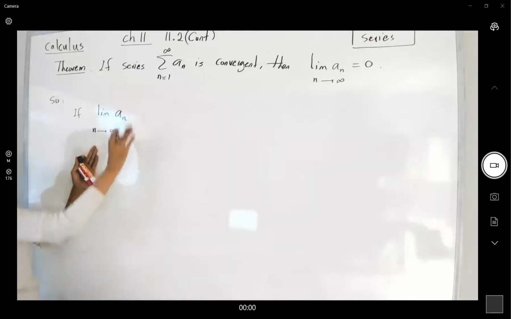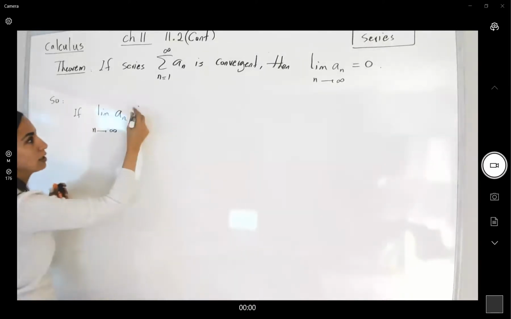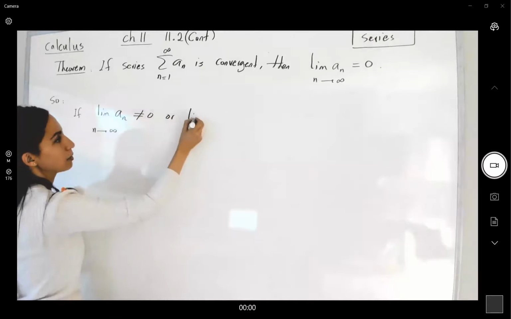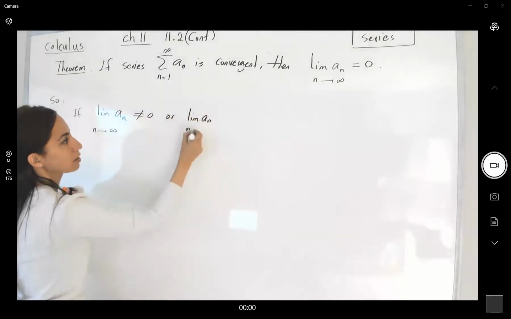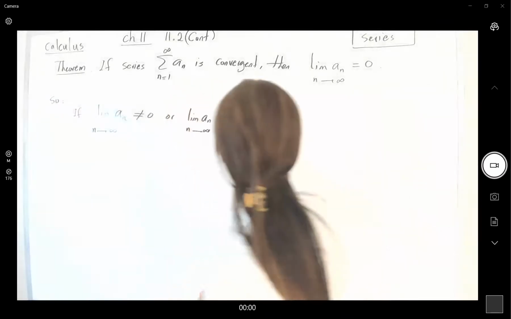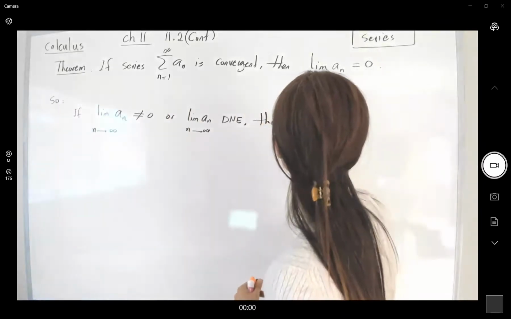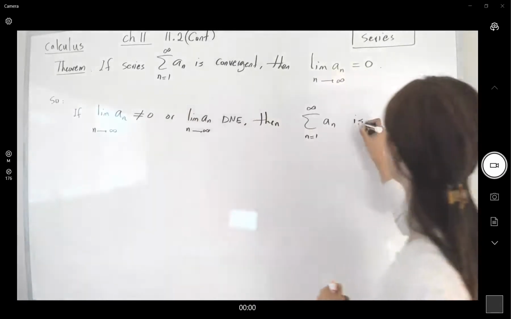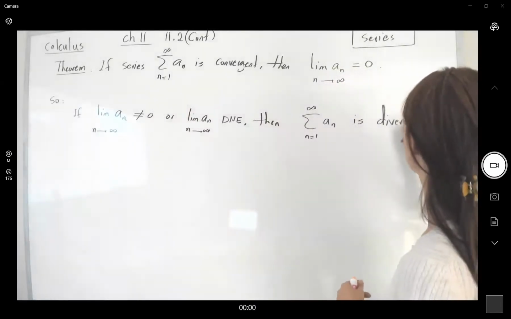If the limit is not equal to 0 or the limit does not exist, then the series from 1 to infinity is divergent.